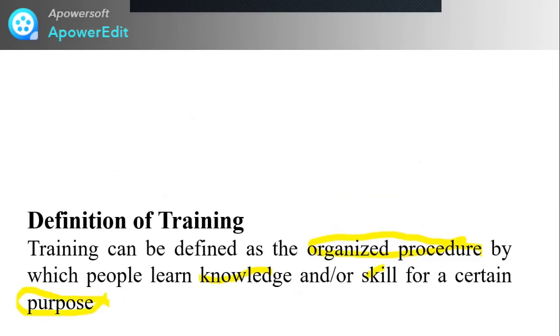Improving communication is then the purpose of training. The training focuses on improving communication skill. So it is a systematic procedure through which people learn knowledge and skill for a certain purpose, improving skills, knowledge, and attitudes.